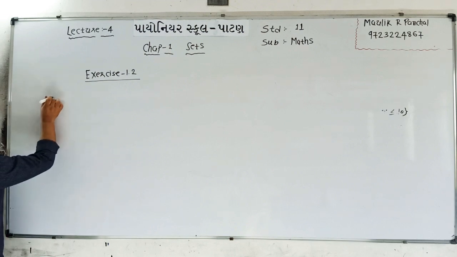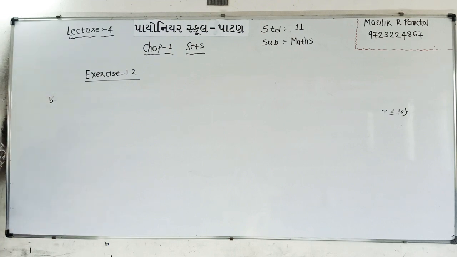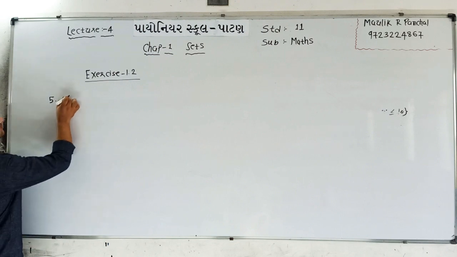Fifth question, are the following pairs of sets equal?